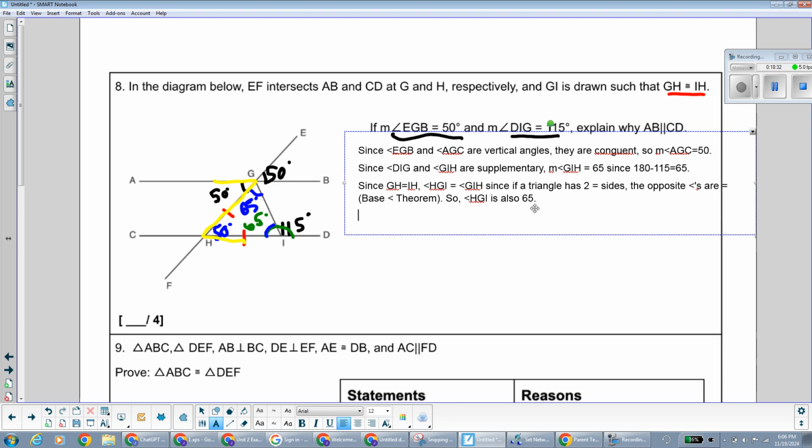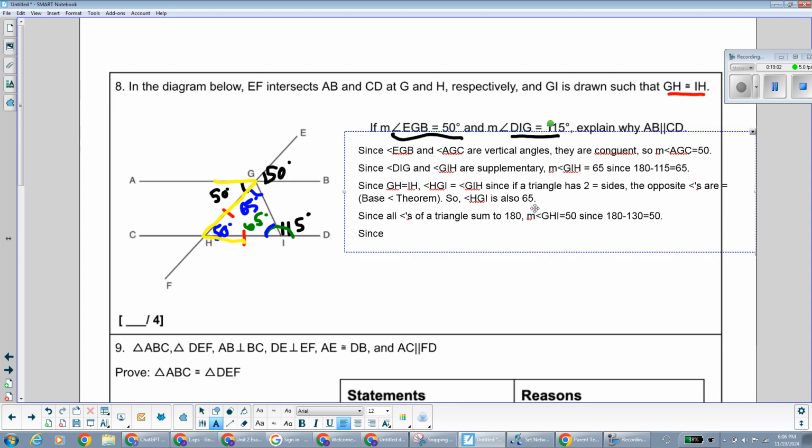Okay. Since all angles of a triangle sum to 180 degrees, the measure of angle GHI is equal to 50 degrees, since 180 minus 130 is equal to 50 degrees.